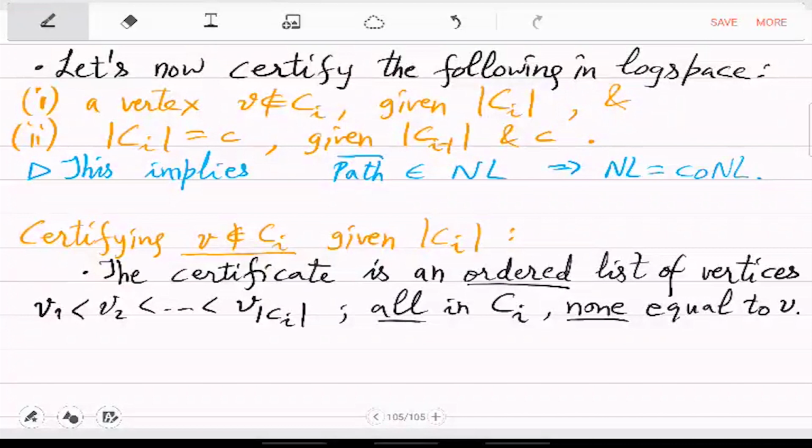You just guess all the vertices in Ci in this order, and none of them equals V, and they are size of Ci many.